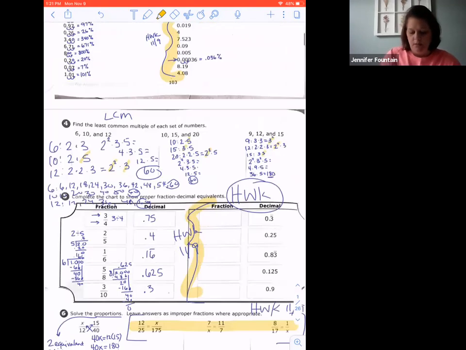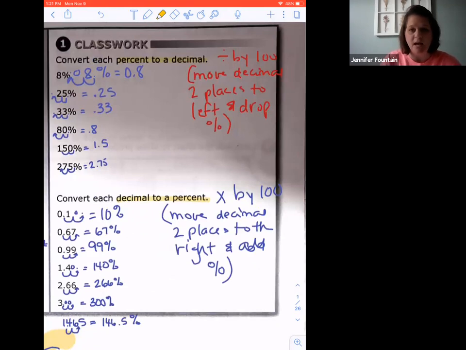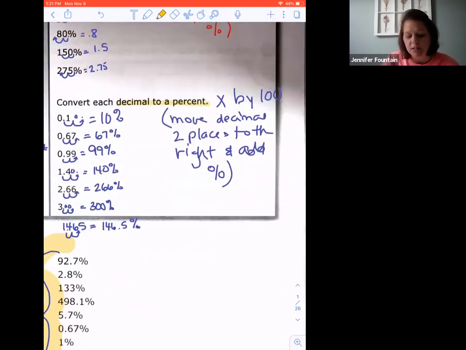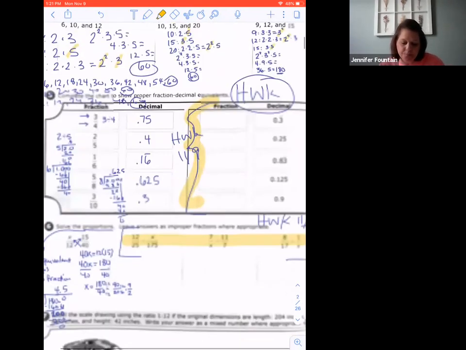Real quick, we'll review. Percent to a decimal, divide by 100, means you're moving your decimal 2 places to the left and you drop your percent sign. Decimal to a percent, you are multiplying by 100, which means you move your decimal 2 places to the right and add the percent sign. So that's what you're doing in that section of homework.